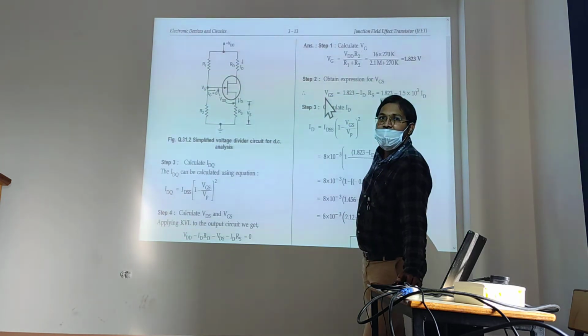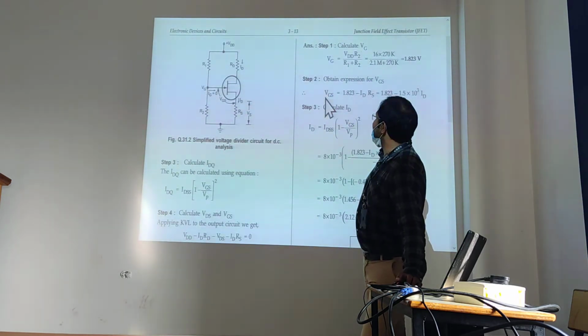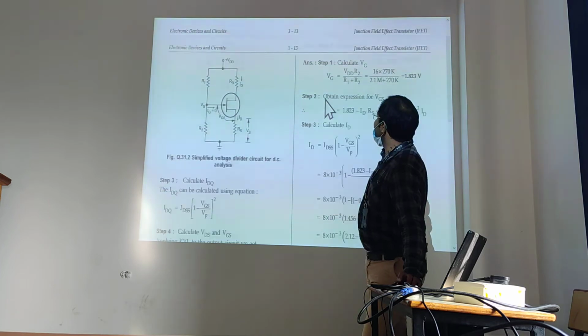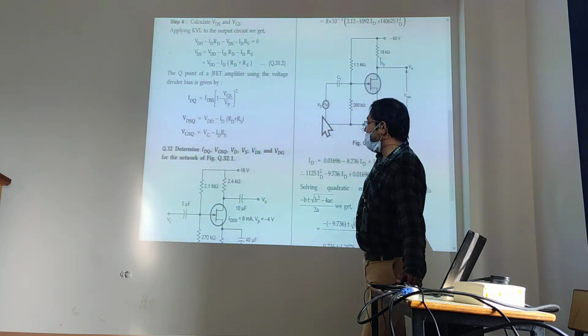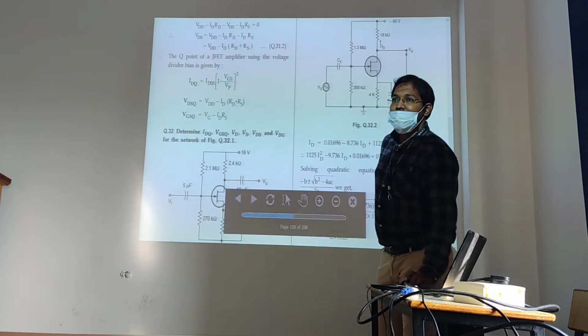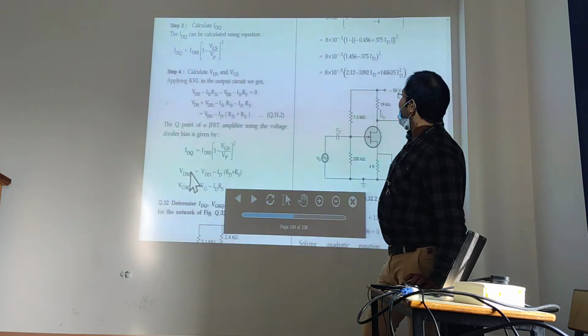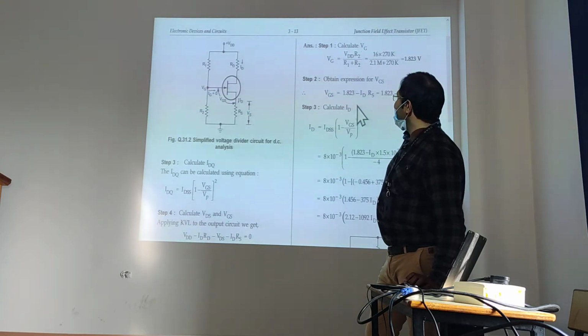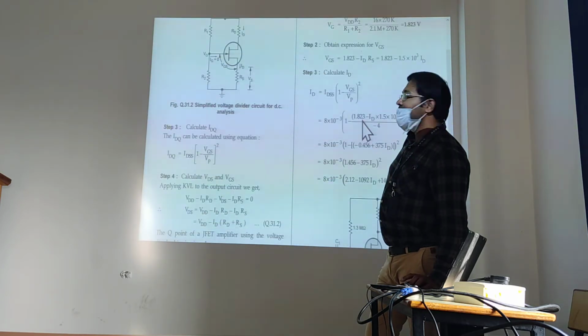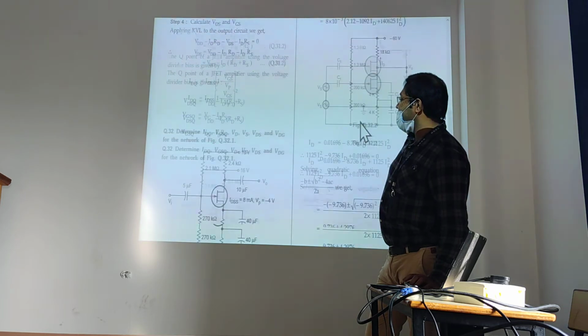Then what we are doing? VGS. How are we getting VGS here? Anybody? Last class also I explained. What is the logic we are using?